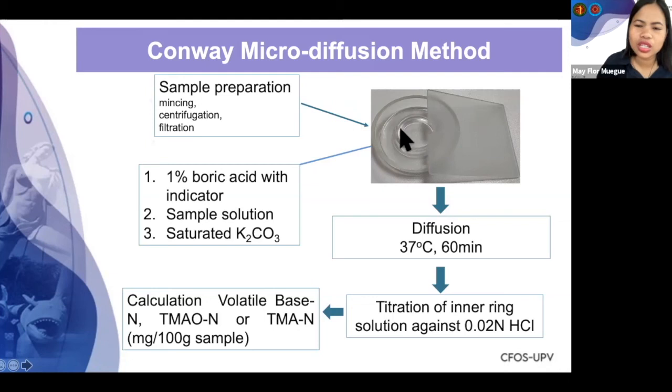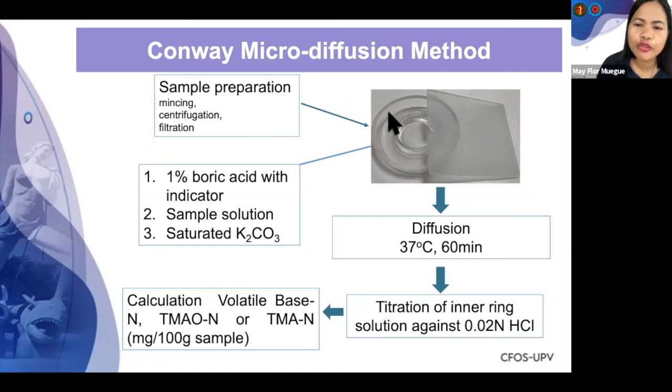Now, dahil covered ito, nandyan siya sa loob, itatitrate mo ngayon itong boric acid mo, for you to be able to determine the amount of volatile bases na nasa sample mo. Okay? So again, yung principle is you put your sample on the outer ring, you put your boric acid with indicator inside.